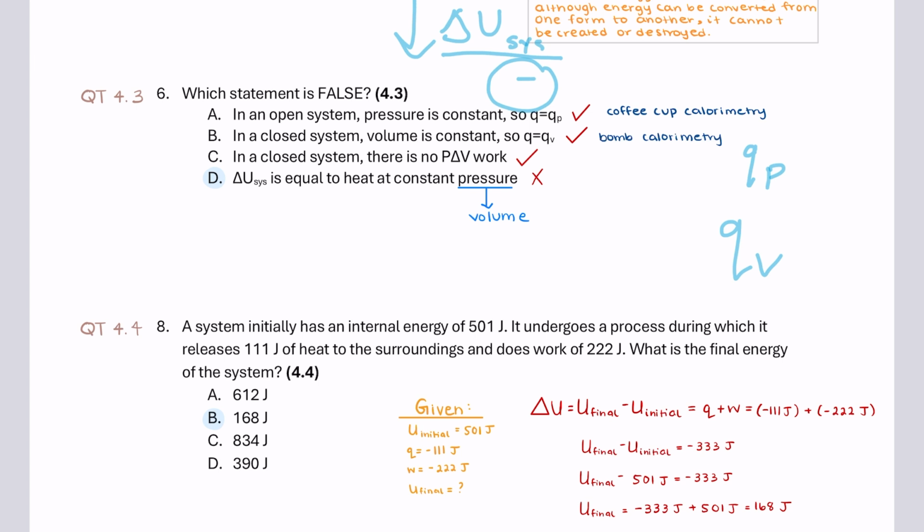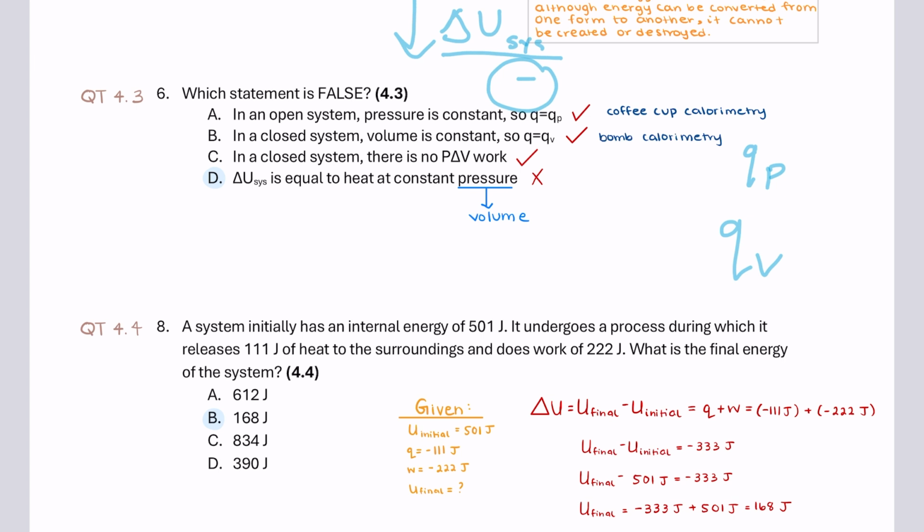So again, this statement is true. C says, in a closed system, there is no pressure volume work. This is also true. Pressure volume work, or P delta V work, occurs when the volume of the system changes.